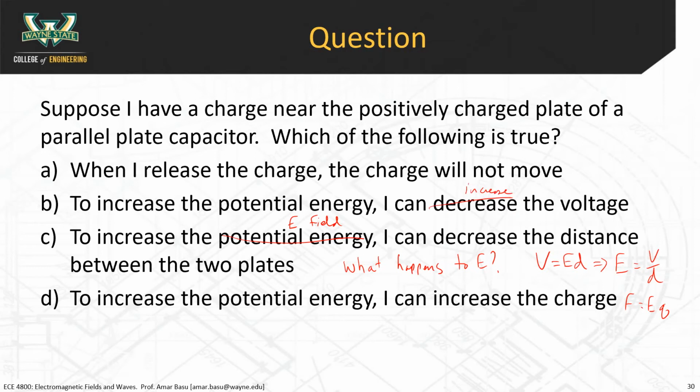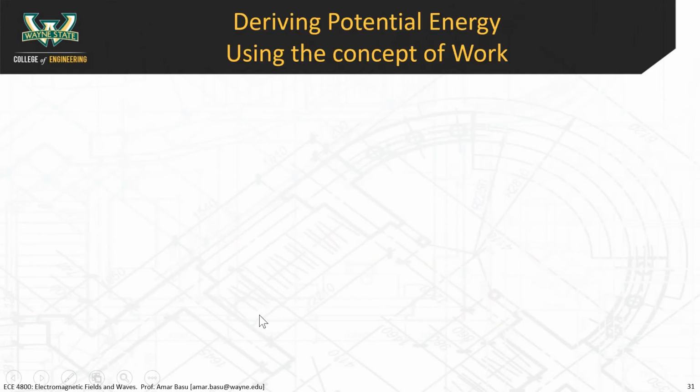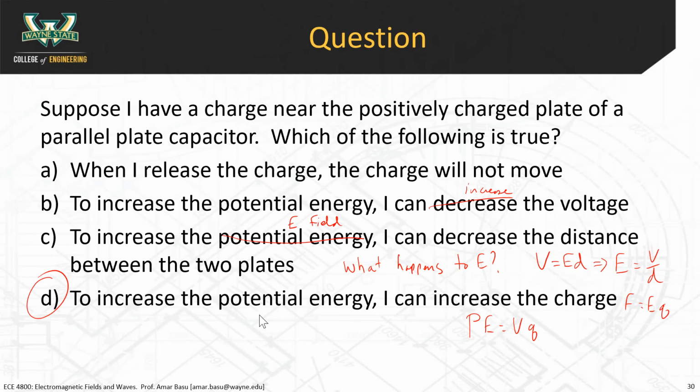That would make it true. Now this is the correct answer, D. To increase the potential energy, I can increase the charge, right? Because potential energy is equal to V times Q. Okay. All right, so I hope that's clear. Feel free to ask any questions if it's not.